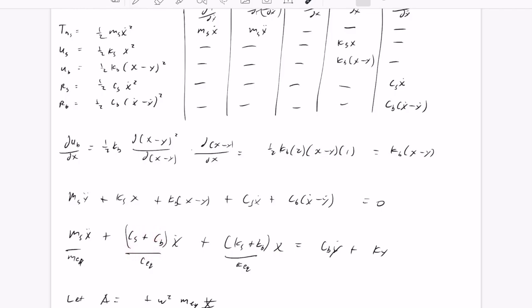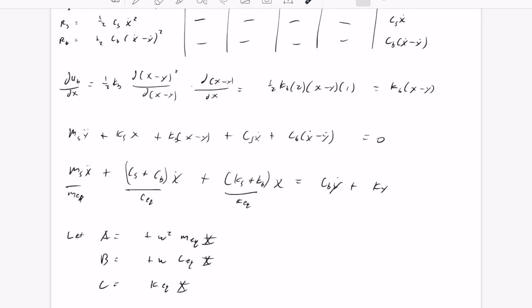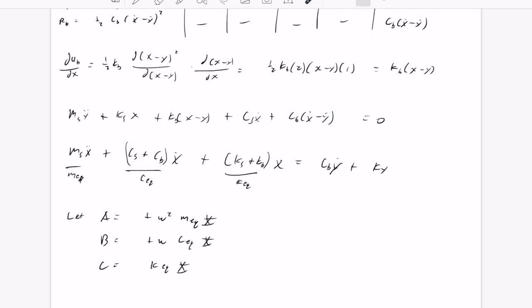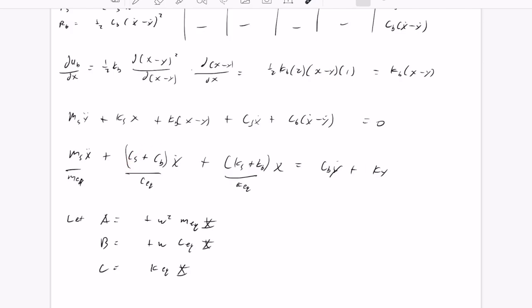Our constants changed a little bit. Instead of just one value being on both sides, like it's not c_b and c_b, it's now a constant plus a c_s plus c_b, k_s plus k_b. Okay, so our constants on each side are slightly different.